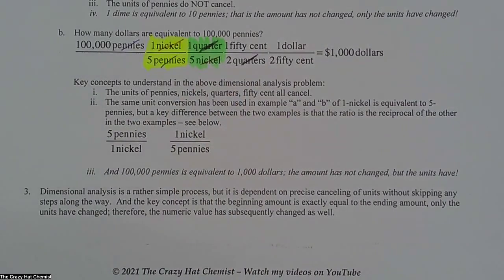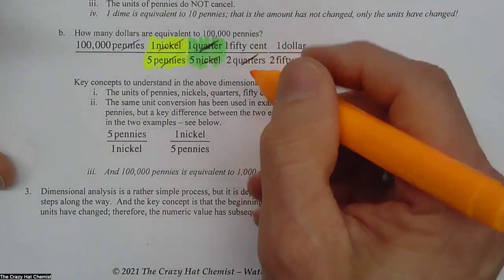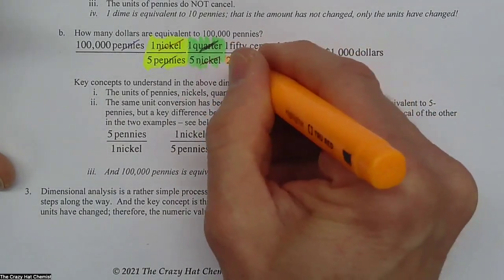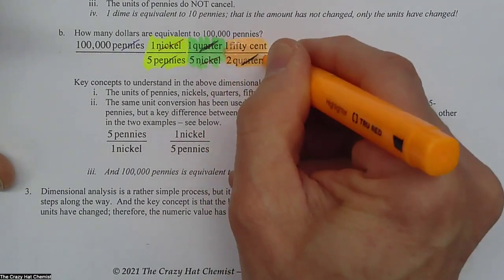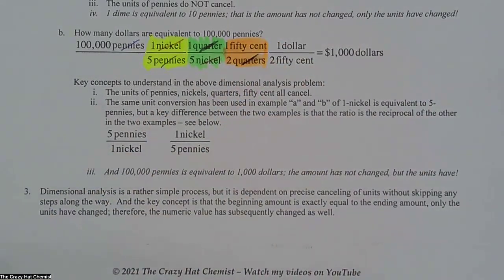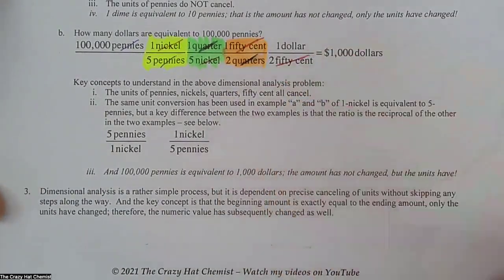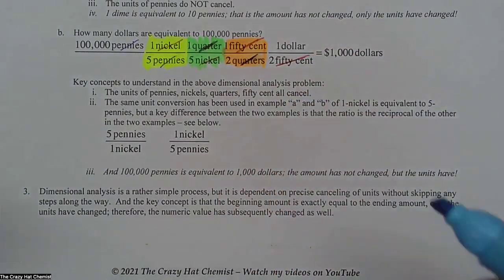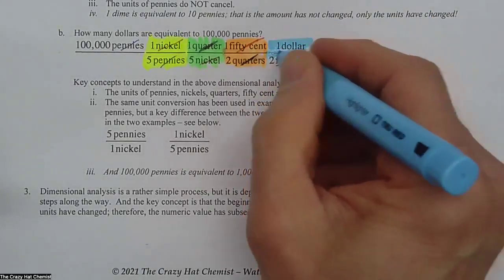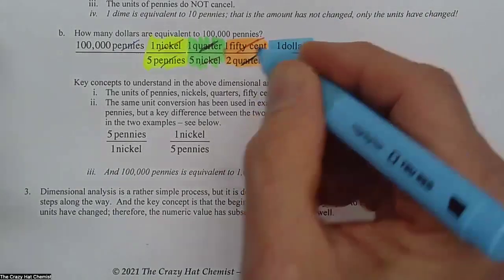And then you should see that now we have quarters to a 50-cent piece. So 2 quarters is equal to 1 50-cent piece. Then a 50-cent piece is equal to $1. The units cancel out on that. And you should see that $1 is equal to two 50-cent pieces. That is also a unit conversion.